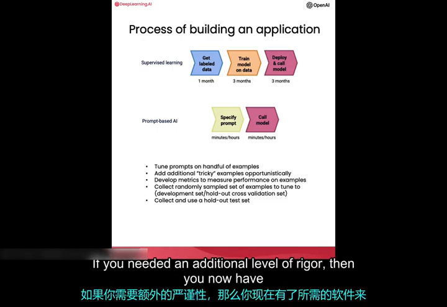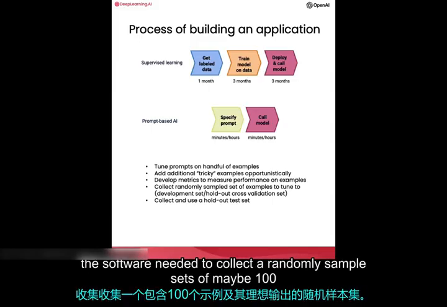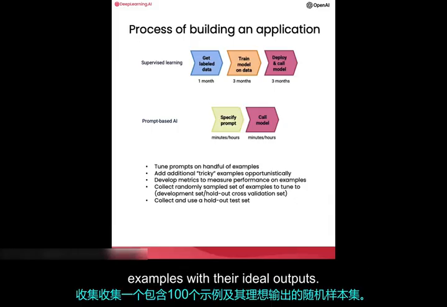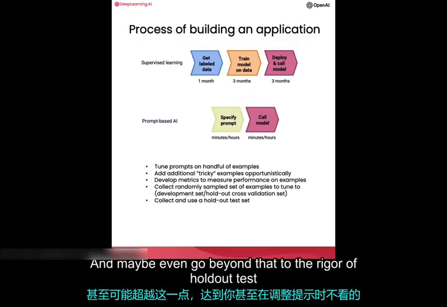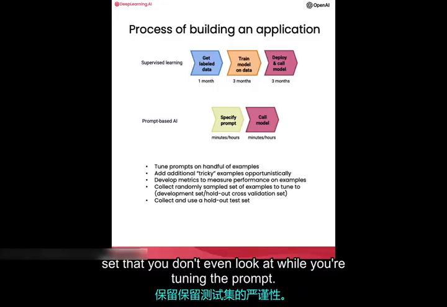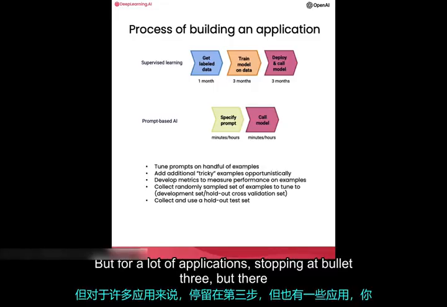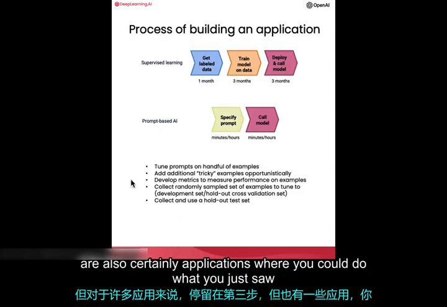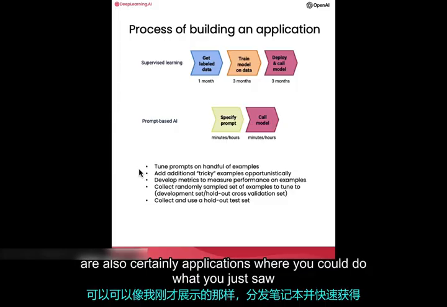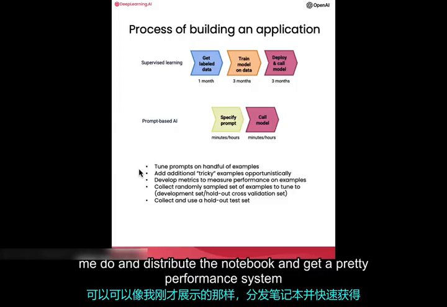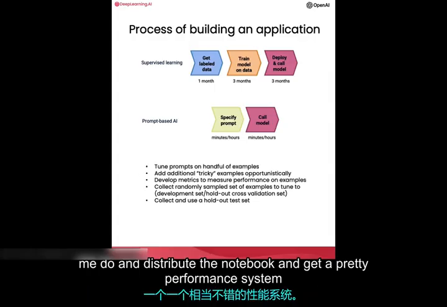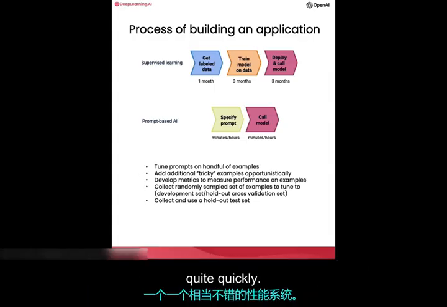If you needed an additional level of rigor, then you now have the software needed to collect a randomly sampled set of maybe 100 examples with their ideal outputs, and maybe even go beyond that to the rigor of a holdout test set that you don't even look at while you're tuning the prompt. But for a lot of applications, stopping at bullet 3 is fine, but there are also certainly applications where you could do what you just saw me do in this Jupyter Notebook and get to a pretty performant system quite quickly.